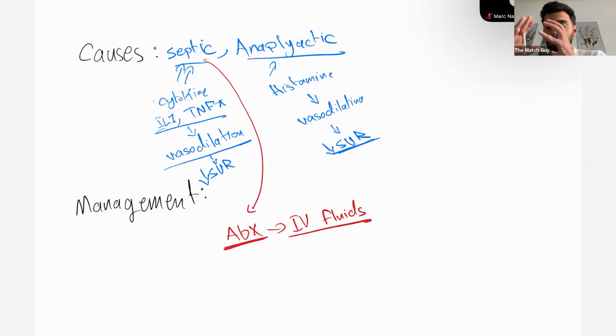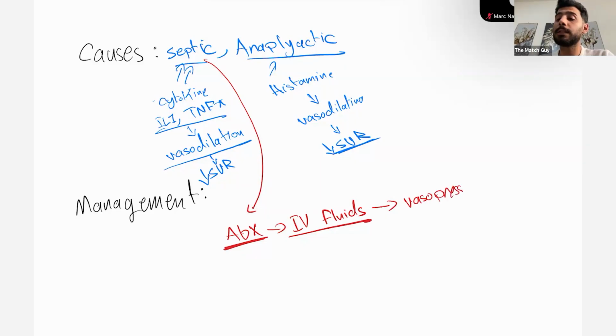The blood vessels have just doubled in diameter, and you need more fluid to fill them, and also some of this blood is going to be leaving into the third space. So relatively, the amount of fluid found in the blood vessels is going to be low. So you have to supplement with IV fluids, and then you add vasopressors.